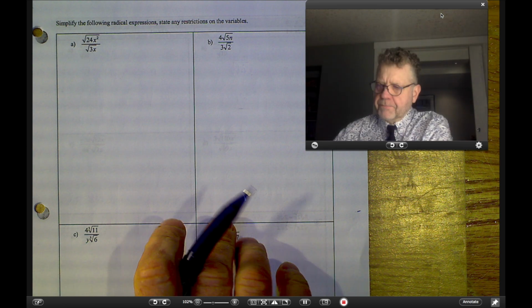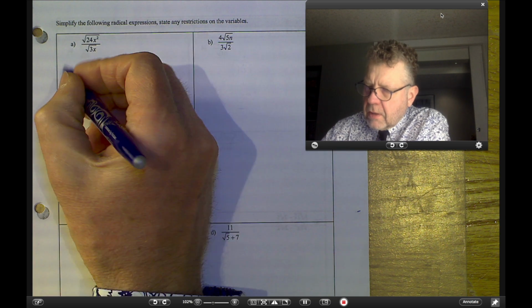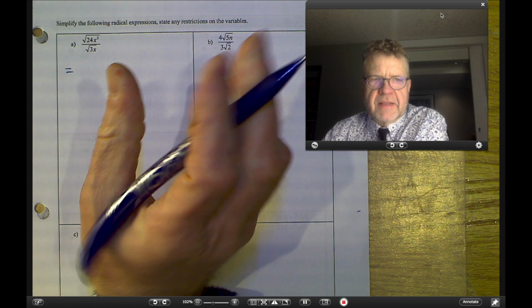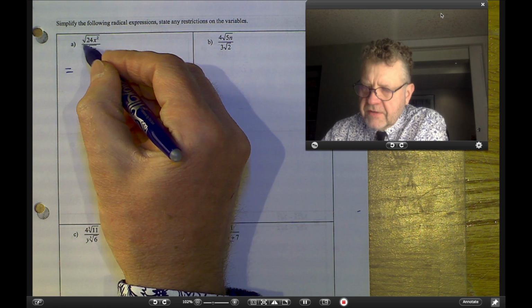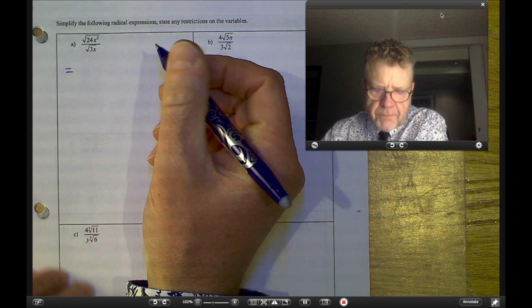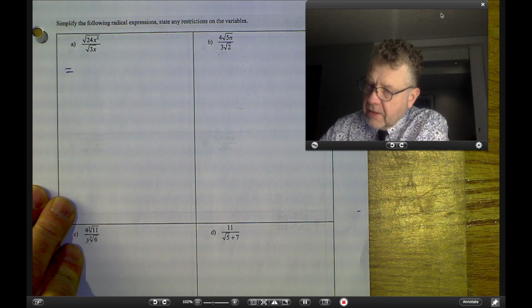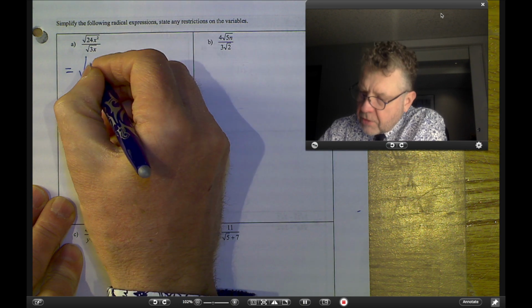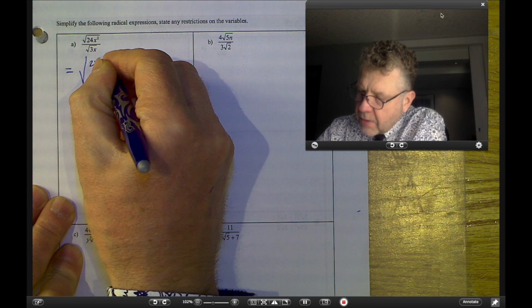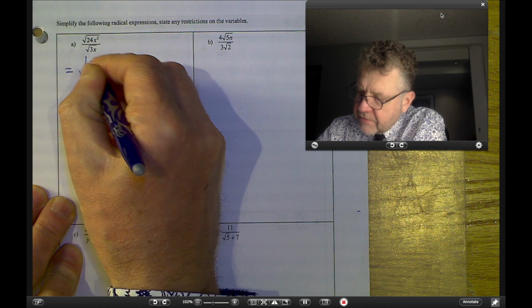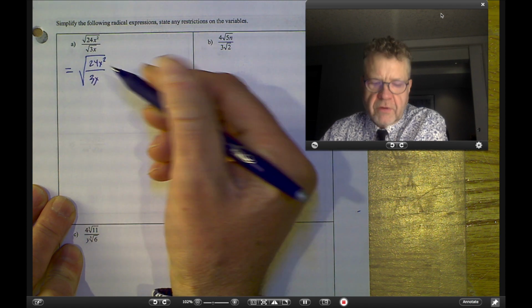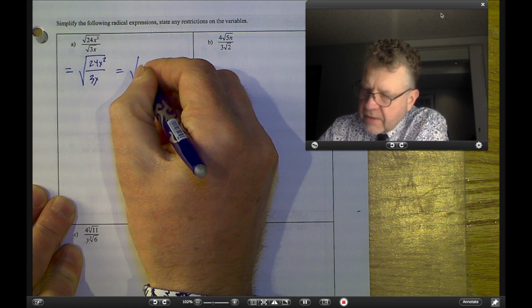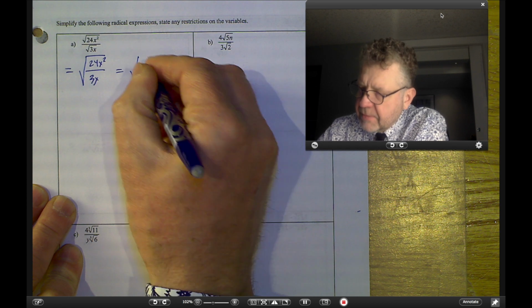So what are we going to do with this? Again, break it down by steps. The root indices are the same. So we could do it a couple ways. I mean, we could just express it like this: 24x squared over 3x, which gives us, well, 24 divided by 3 is 8, and x squared divided by x is simply x.